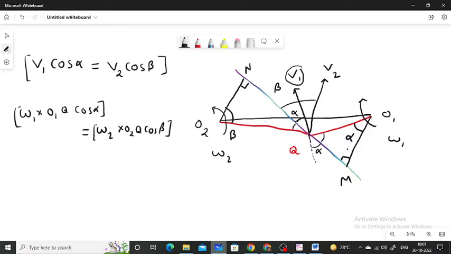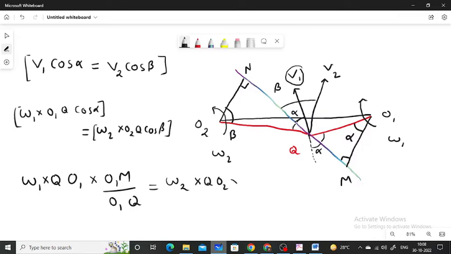From the right angle triangle O1QM, cos alpha will be equal to O1m upon O1q, and from the right angle triangle O2NQ, cos beta will be equal to O2n upon O2q.